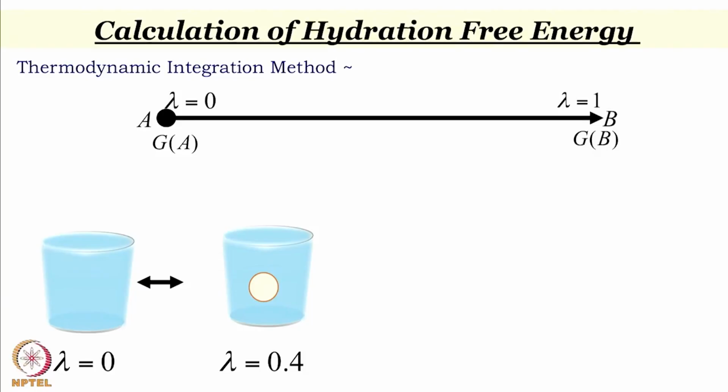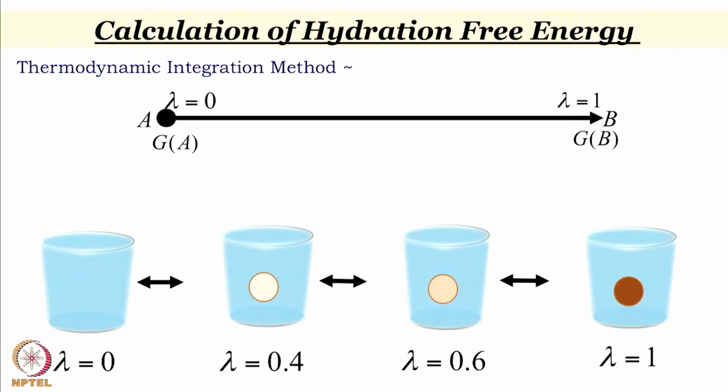Next time I make lambda equal to 0.02, so I enhance it a little more, then more and more interaction will occur, and eventually in the end lambda equal to 1.